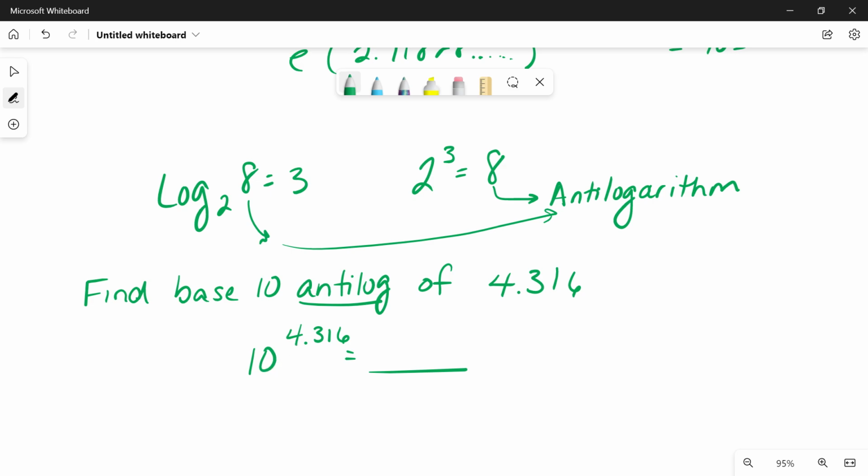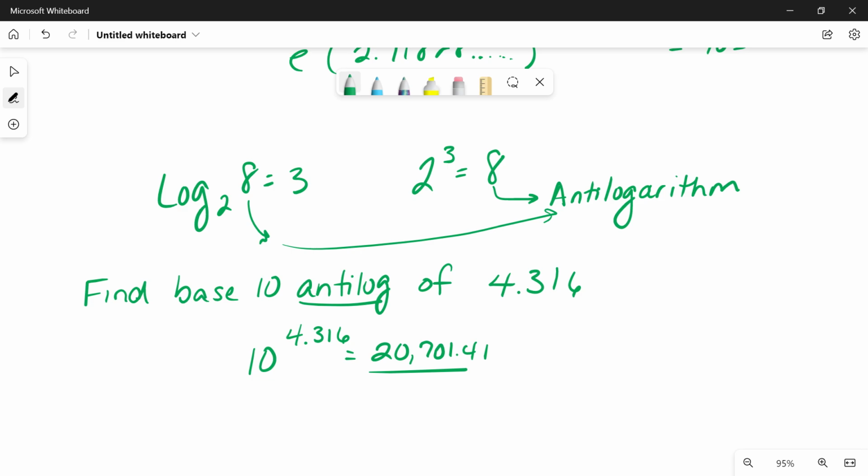Raising 10 to the 4.316 is going to give you 20,701.41. You should try that out on your calculator. Make sure that works for you.